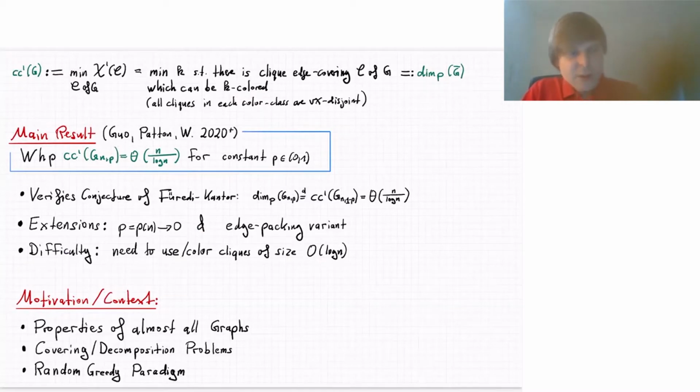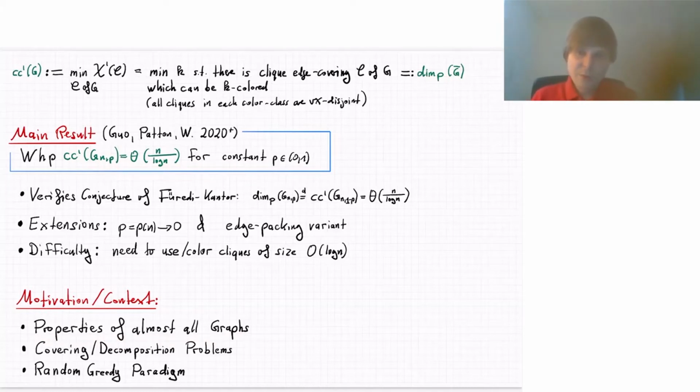I think now that we've seen what the basic quantity is, the conjecture, and the main result, it's good to quickly think about what the motivation or the context is here. On some of these things I've already touched. On the one hand, this falls into the general random graphs paradigm, where we take some graph parameter that we don't understand very well, and we study it for random graphs to get a basic understanding of what's going on. In particular, if you think about what's happening for constant edge probability p equal to 1/2, what you get is a uniform distribution over all n-vertex graphs.